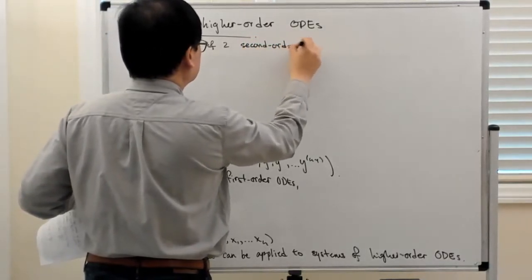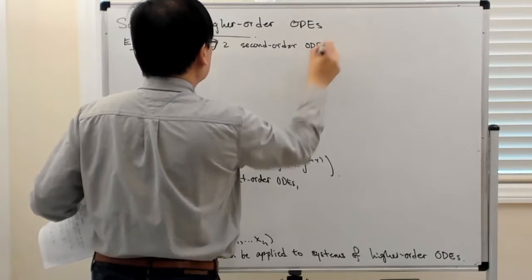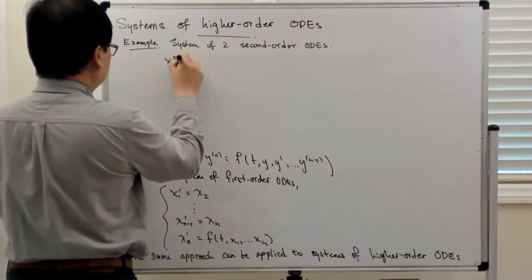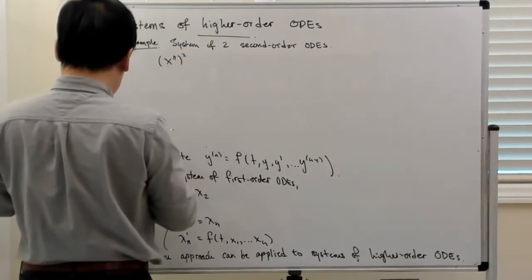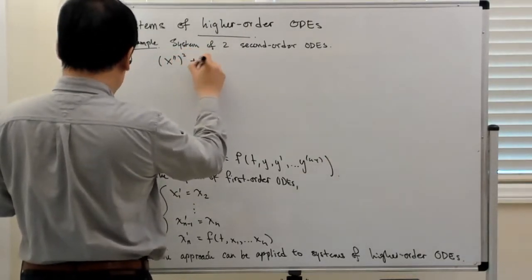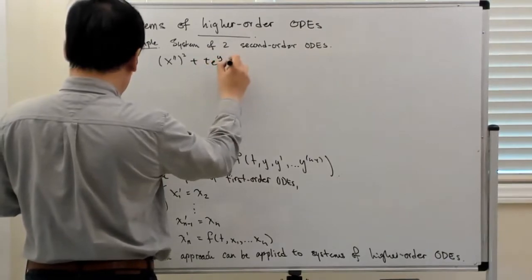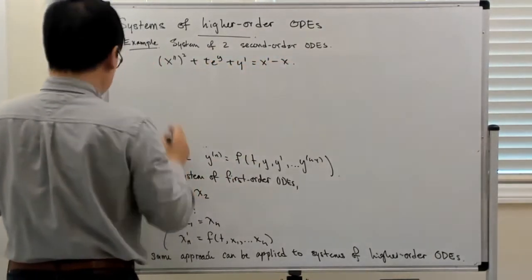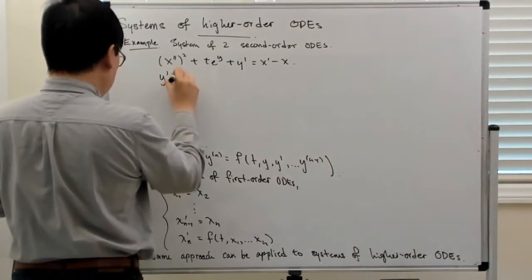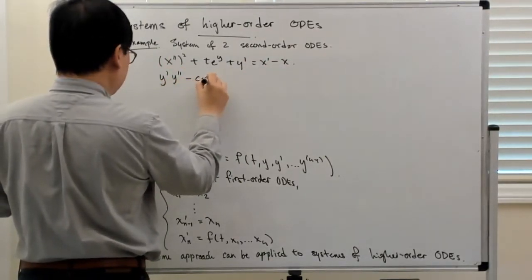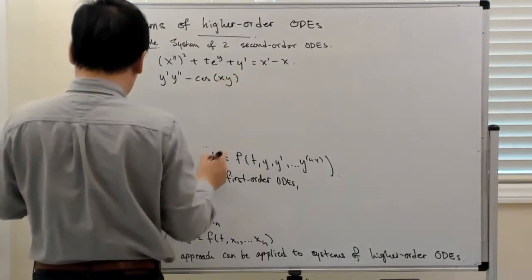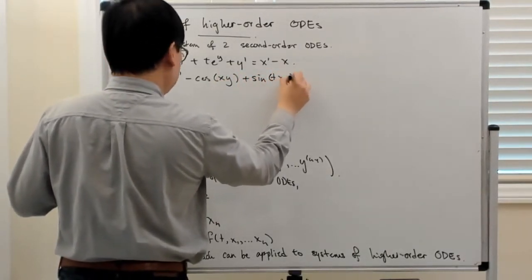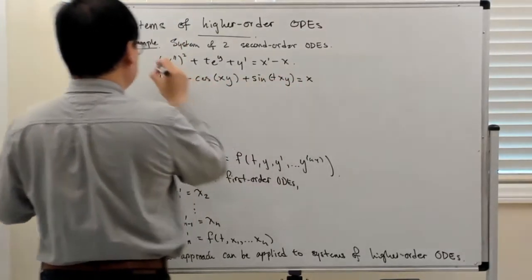Let's say (x'')^2 + t e^y + y' = x' - x, and y'' - cos(xy) + sin(txy) = x.